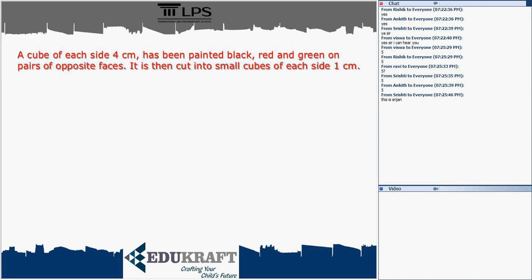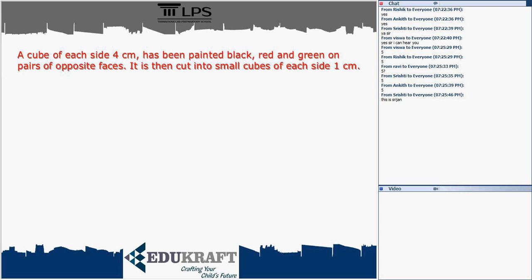Let's look at a question here. It says that a cube of each side 4 centimeters has been painted black, red, and green on pairs of opposite faces. Okay, so the top and the opposite face are painted the same color. 3 colors have been used: black, red, and green.